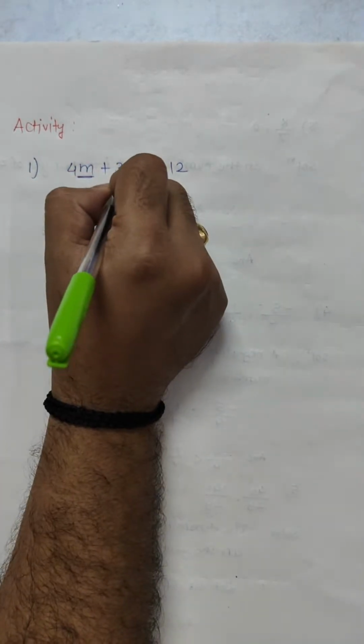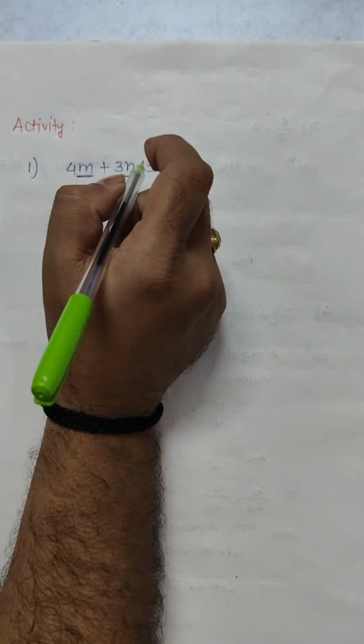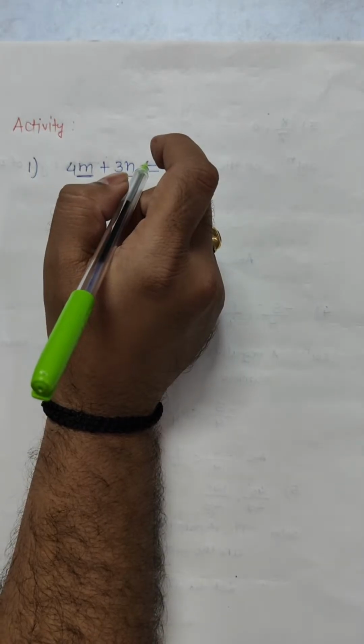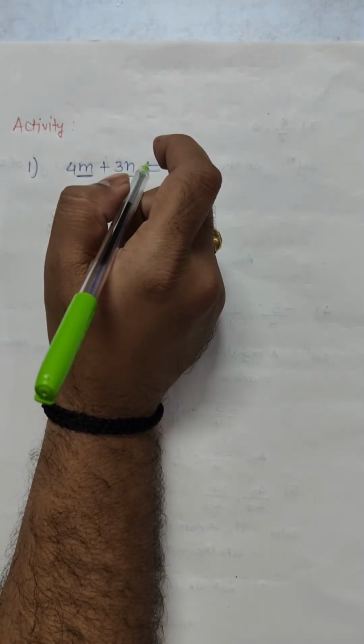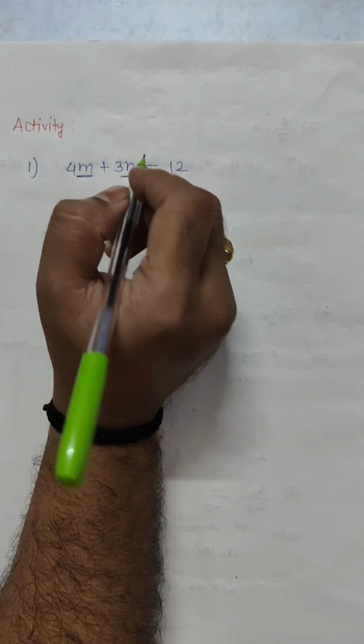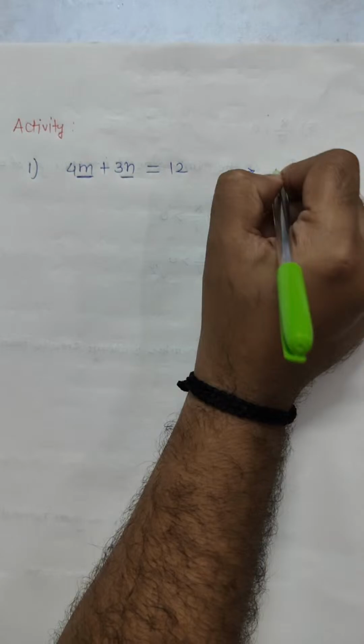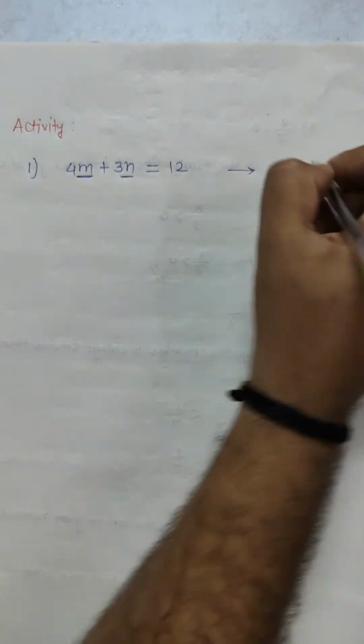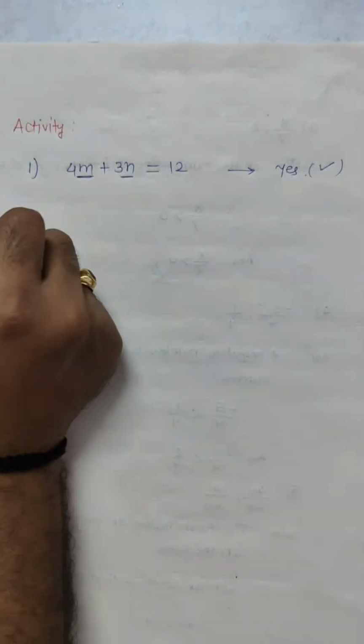Yes, m is a variable and n is a variable. The index of both the variables is always 1. So this is called a linear equation in two variables. So if this is yes, then write down yes here. Yes, this is a linear equation in two variables.